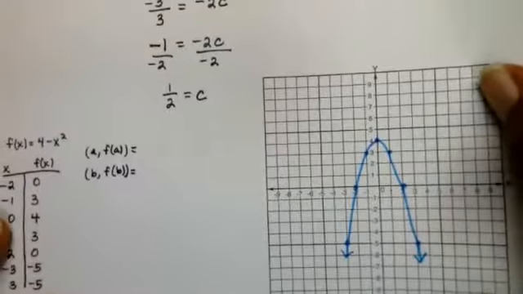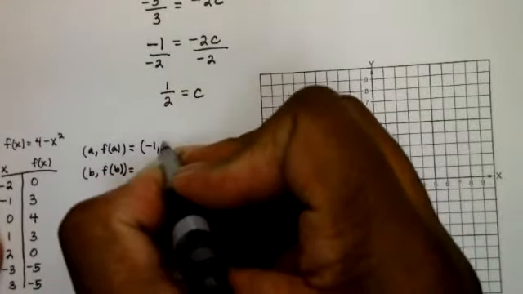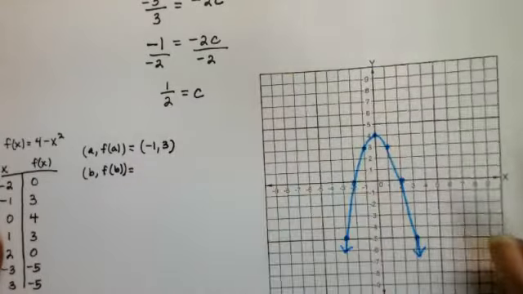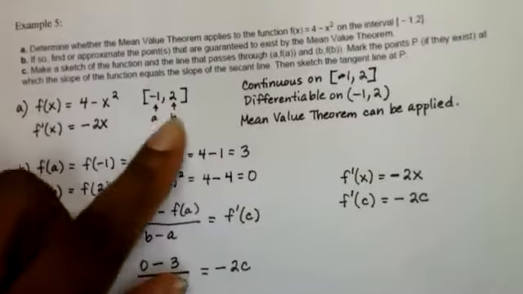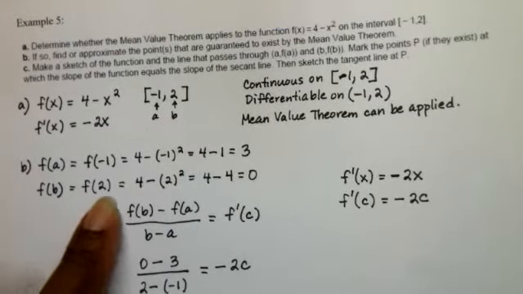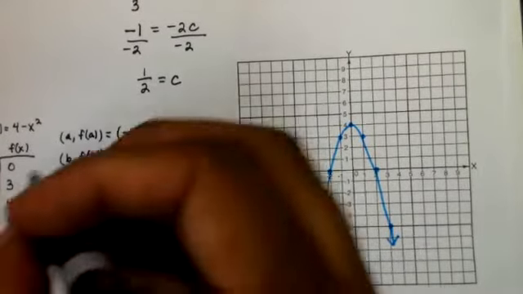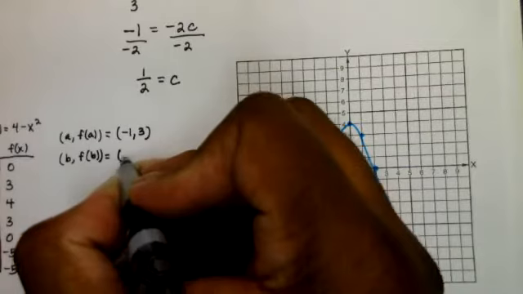So that ordered pair would be -1, 3. And for b, f of b, let's go back up here. b was 2. f of b, or f of 2, was 0. So in this case, that ordered pair would be 2, 0.